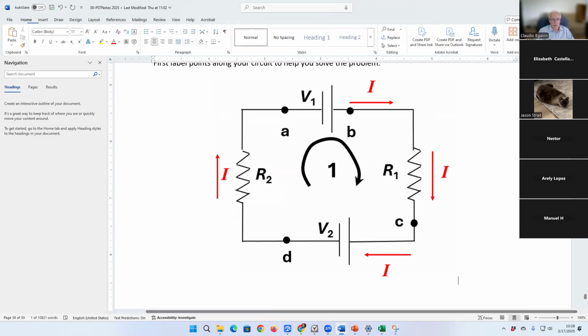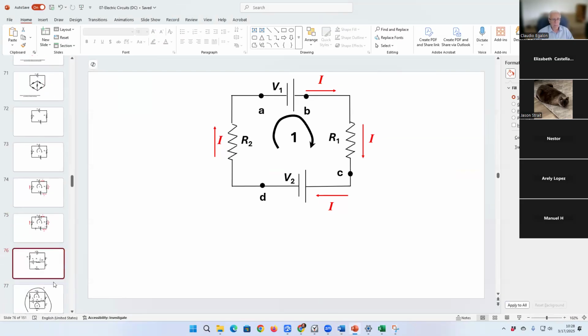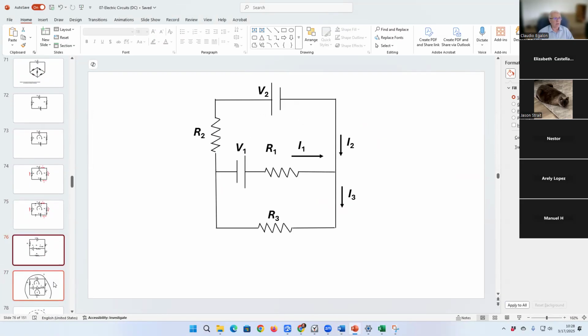So that's our first example on Kirchhoff's loop law. Let's take a look at this other example. Now, not only do we have loops, but we also have a junction.